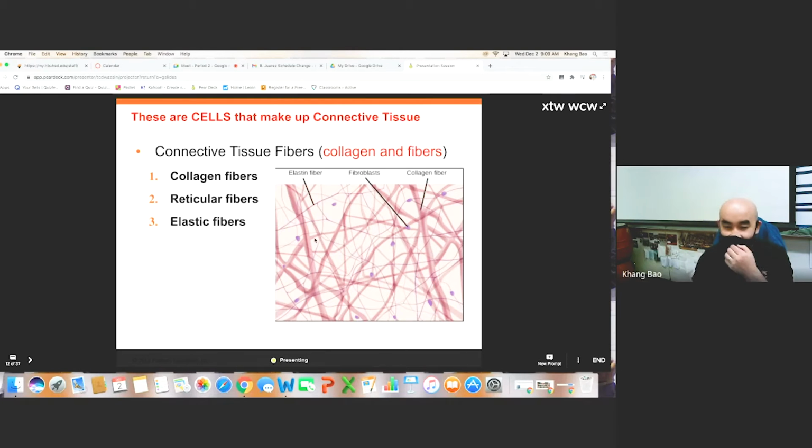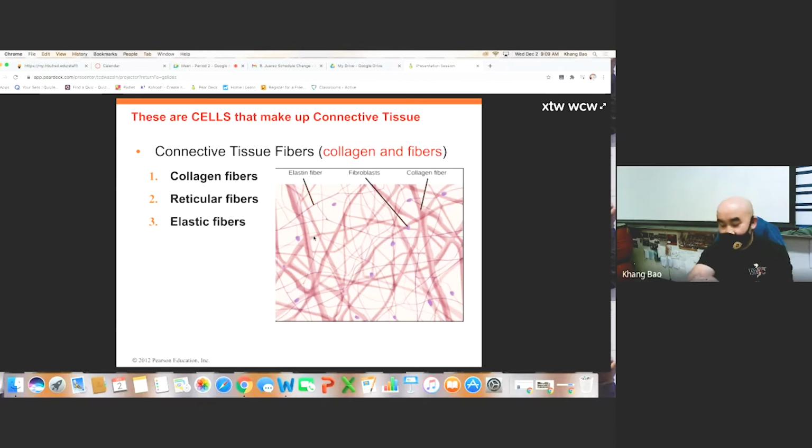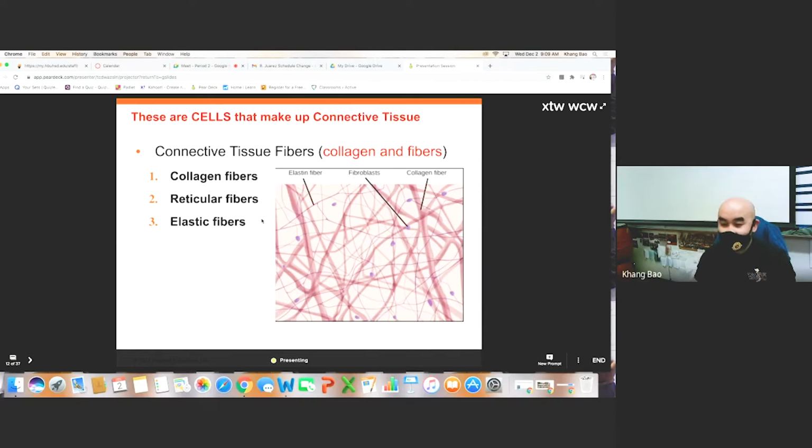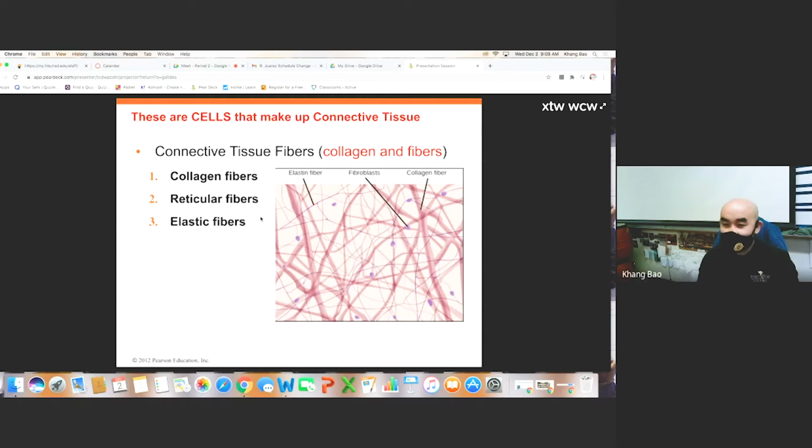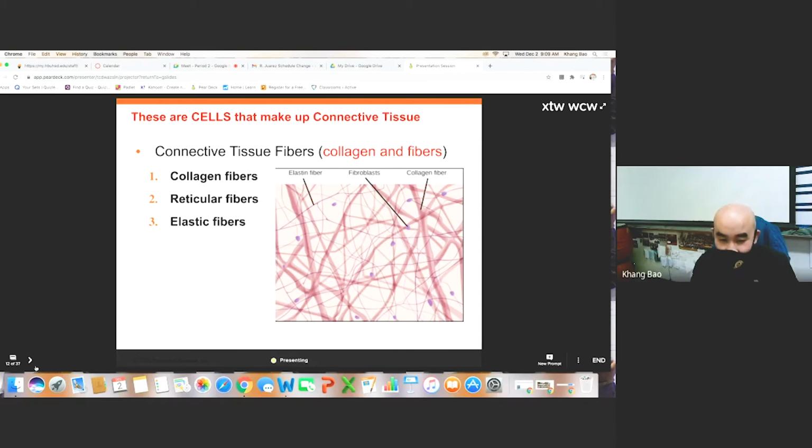Well, first of all, they are fibers. They keep your skin plump and healthy. And that's why all you young people out there, your skin is still plump and looking healthy. But as you get older, these fibrocytes, these cells that produce fiber, will be less and less. And that's why people have to rely on creams and Botox and all that stuff to keep them looking young.